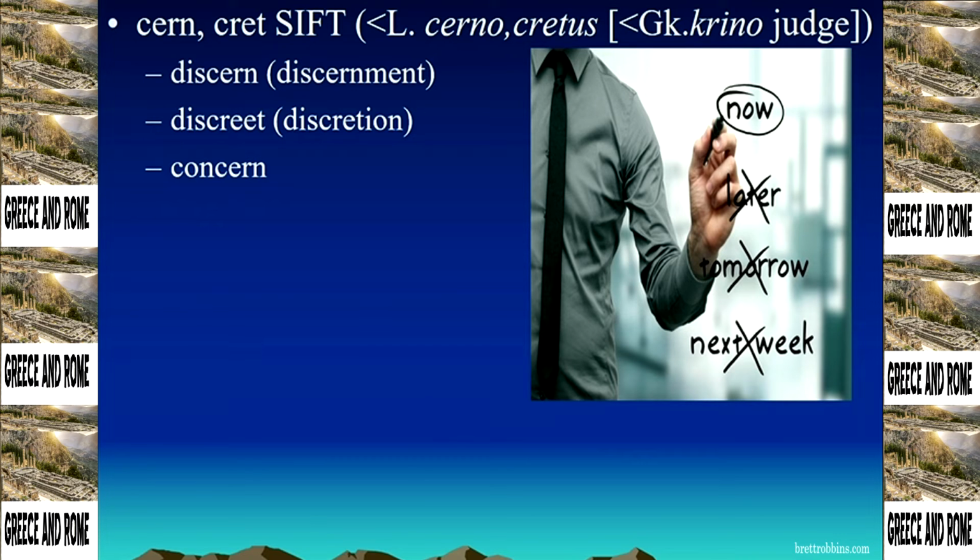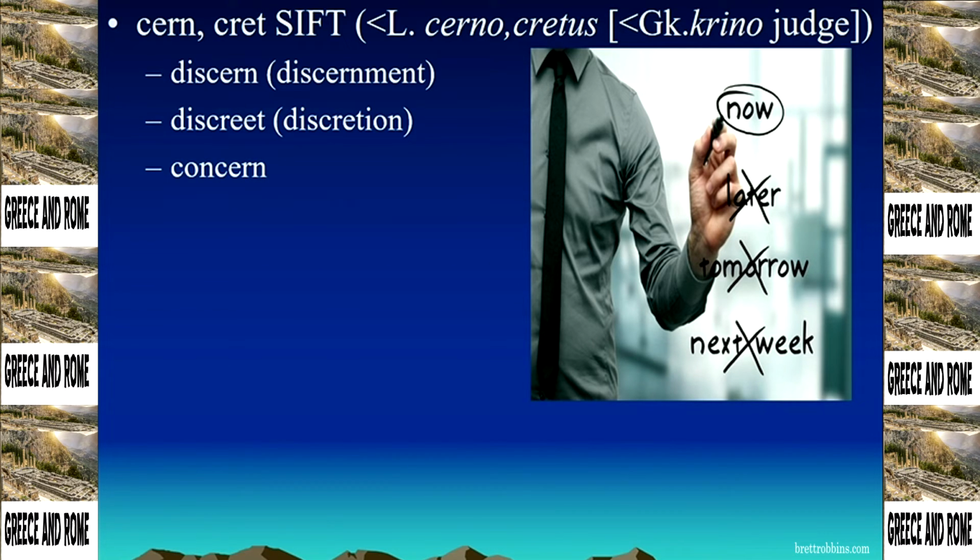All right, so when he says now, he cares, he's concerned about now. He's sifting with now. And those things that he crossed out, they're in the past. They're not the main concern here. Unlike when you're being discreet and you're saying, hey, stay away from me, stay away from me. The focus is on stay away from. That's being discerning.